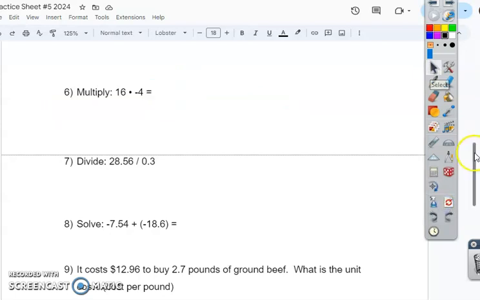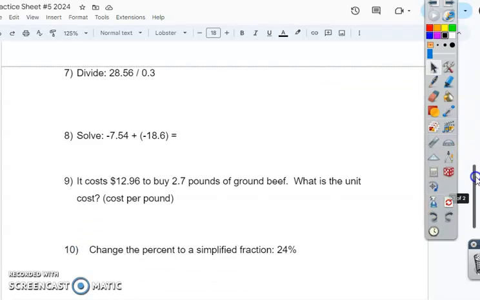Number 7 says divide 28.56 divided by 0.3. So we are going to move our decimal 1 here. Okay.